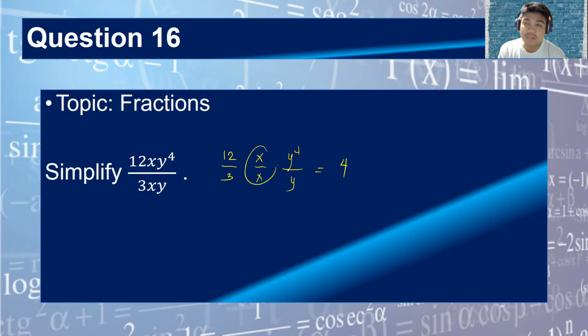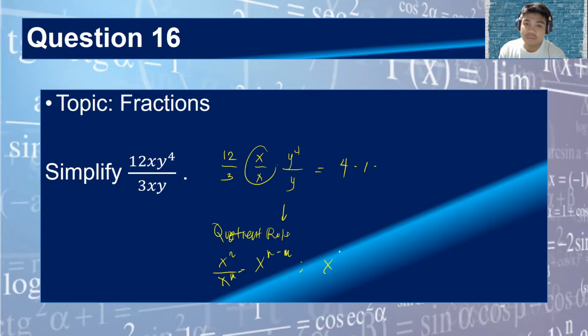And then we know naman na this x over x is equal to 1. And we have this y raised to 4 and y raised to 2. And alam natin na yung quotient rule, we know that if we are going to divide two numbers having the same base, ang ginagawa natin dyan are we are just subtracting the exponents.